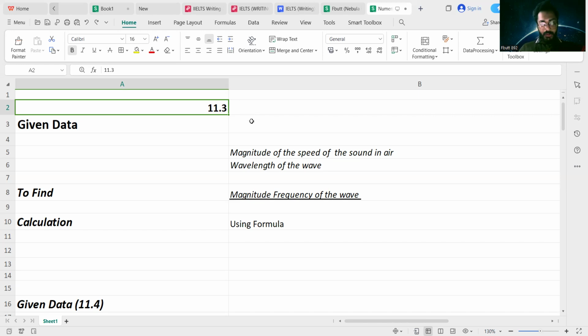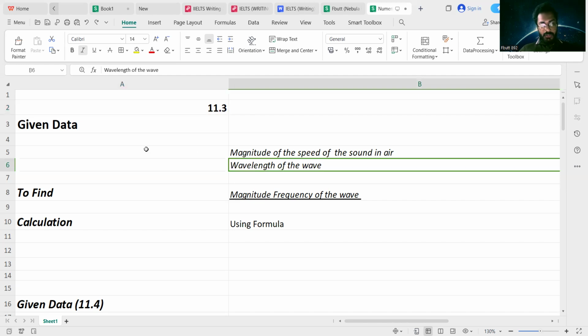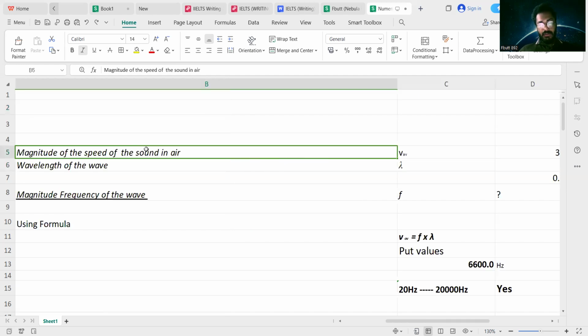First of all, what did the examiner ask us in that particular numerical? For this purpose, I'm going to read the statement of numerical 11.3, and the statement is: at a particular temperature, the speed of sound in air is approximately 330 meters per second. So in the given data portion, I have written the magnitude of the speed of sound in air.